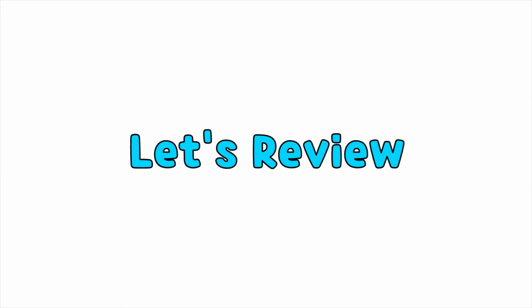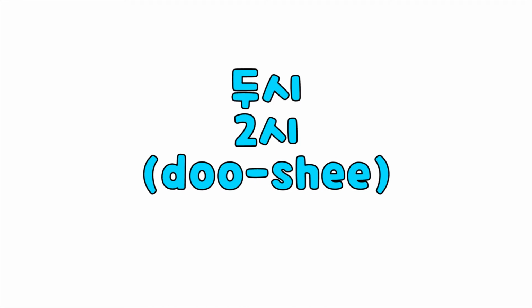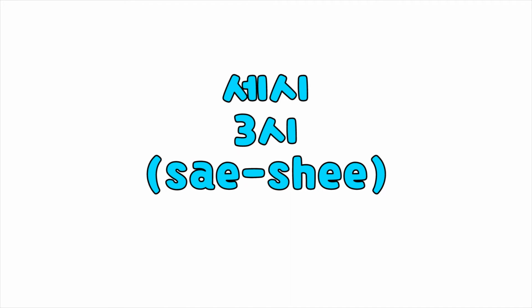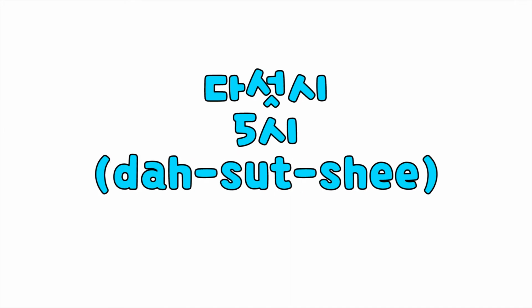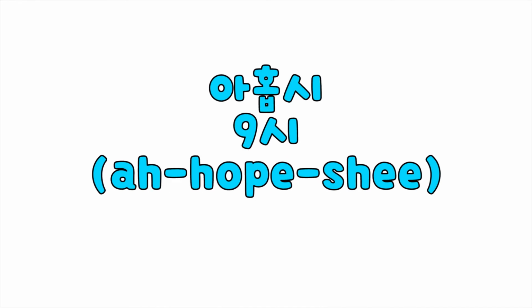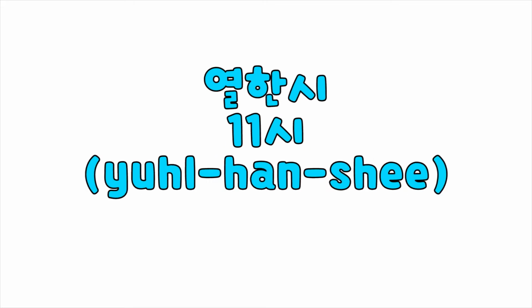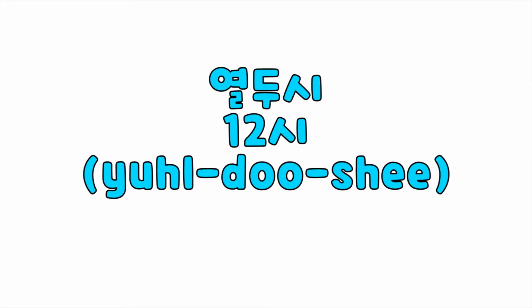So again, with time, if we want to just say it's 1 o'clock, we have to remember 한 시. So we've got 한 시, 두 시, 세 시, 네 시, 다섯 시, 여섯 시, 일곱 시, 여덟 시, 아홉 시, 열 시, 열한 시, 열두 시.